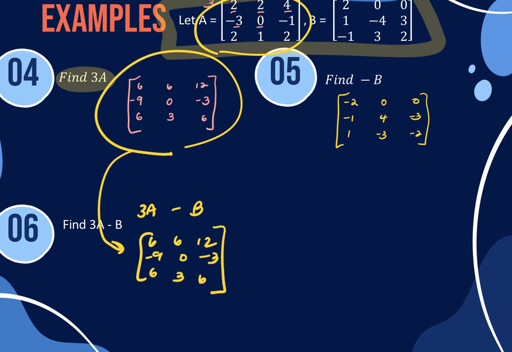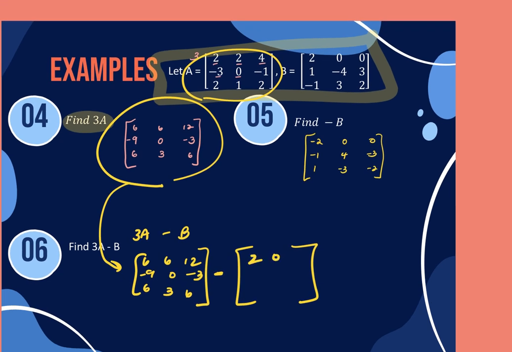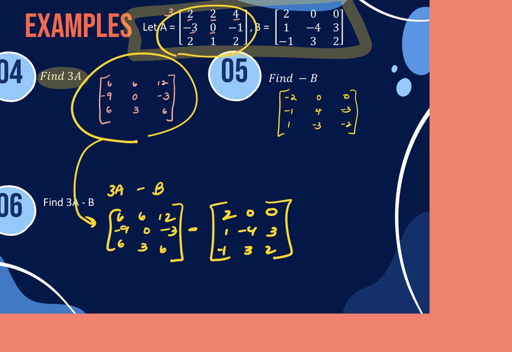And I can do two things with this. I can subtract the original B, which is 2, 0, 0, 1, -4, 3, -1, 3, 2. Or I can add the negative B that we already did. So you can choose to distribute the negative and then add, or you can choose to subtract. It's completely up to you what you do, okay?